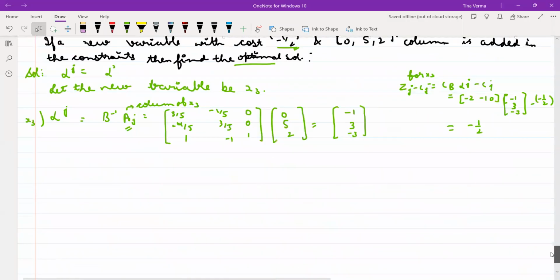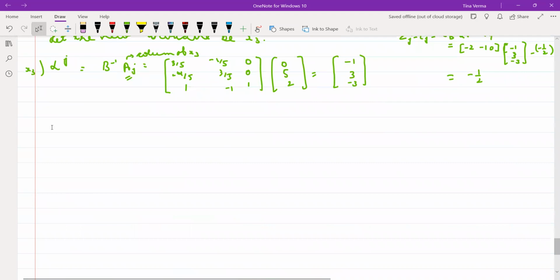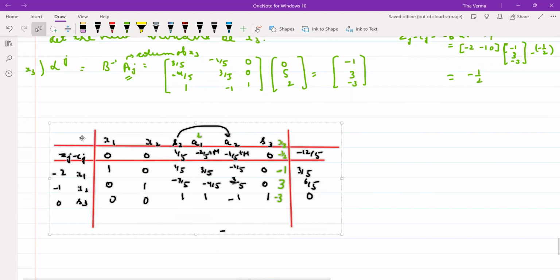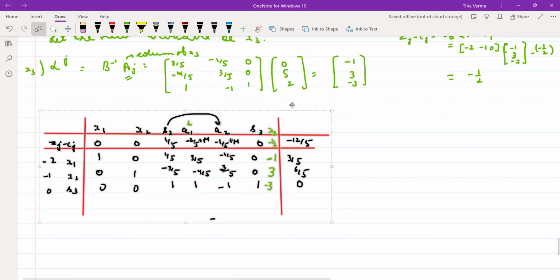But here Zj minus Cj corresponding to x3 is not greater than or equal to 0, that means my iteration will not stop here. So this will be my entering variable.